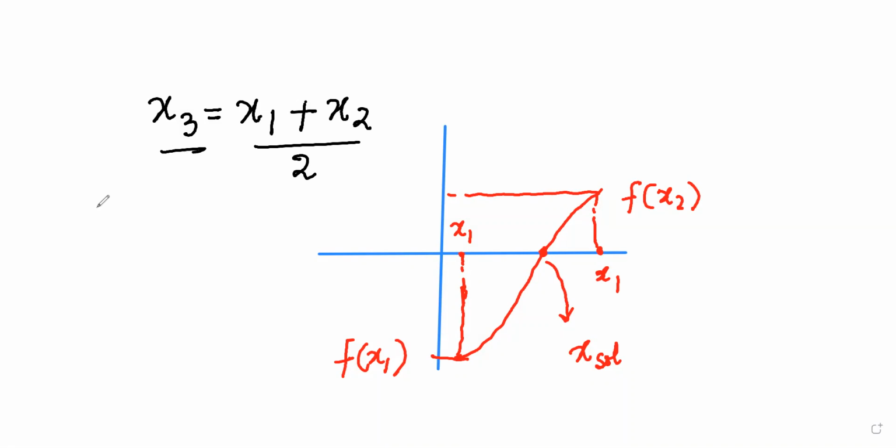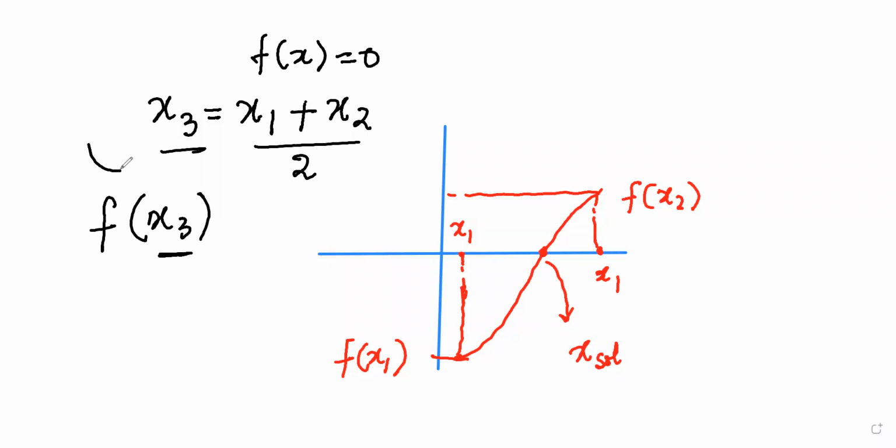Now substitute the value of x3 in the equation f of x equal to 0. This is the given equation. So this x3 you have to substitute back in this equation. If f of x3 is less than 0, it means your x3 lies here.